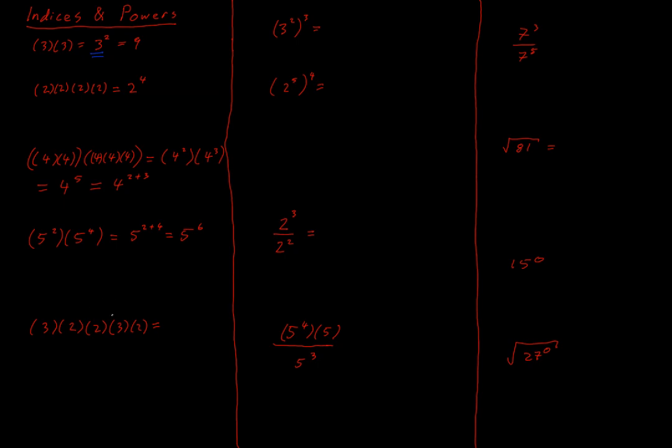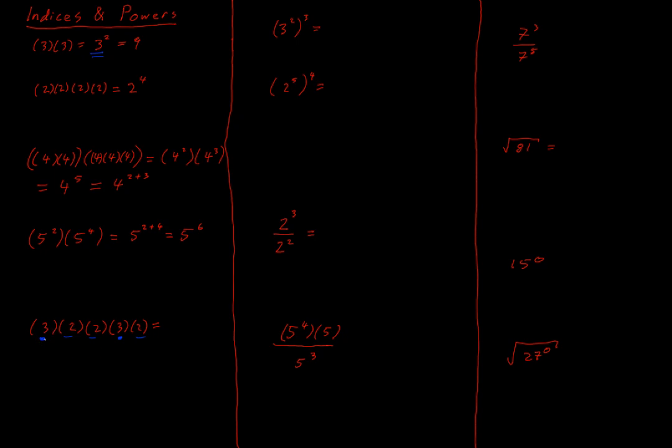Now sometimes we'll have several numbers multiplied together and we'll end up with indices on multiple of them. So here I have 3 multiplied by 2 multiplied by 2 multiplied by 3 multiplied by 2. So I've put a dot underneath each 3 that's multiplied together, and I've put a line underneath each 2 to help keep track of them. This is often something we'll do when things get bigger or more complicated.